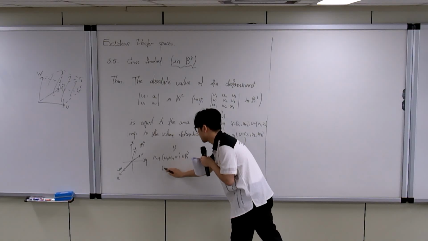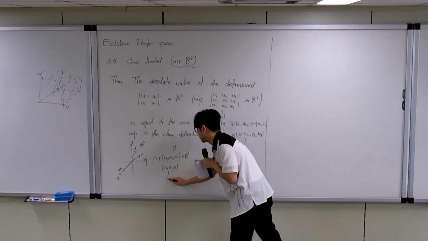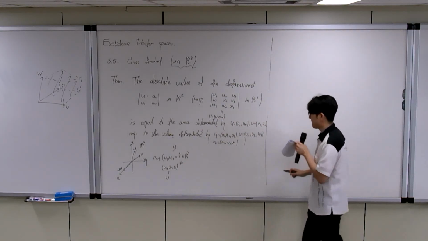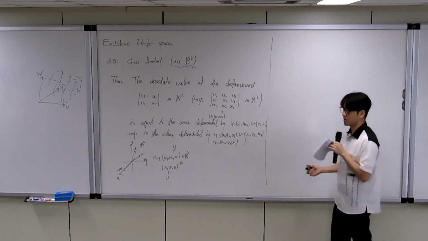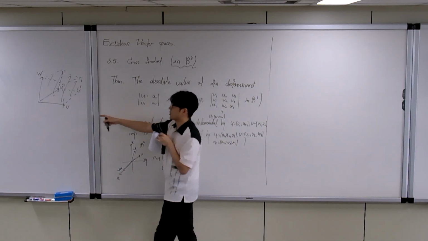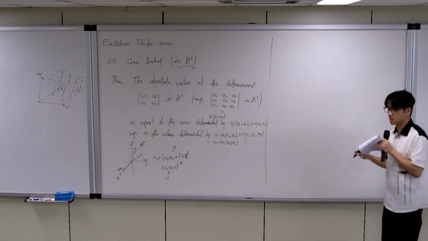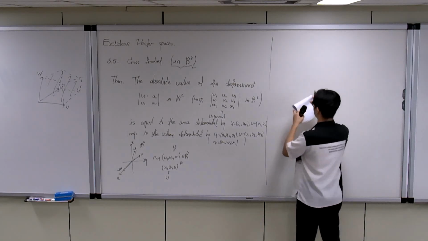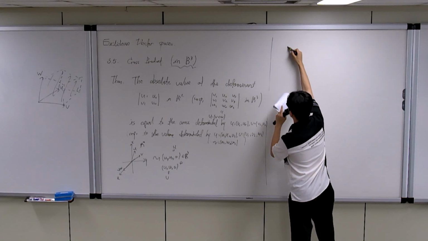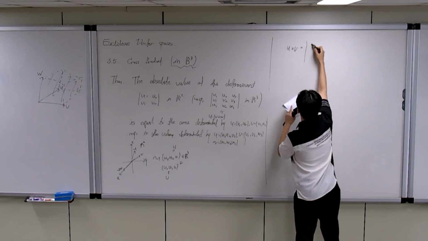In the same sense, the v vector will be written as v1, v2, 0. And then we can calculate the area by using cross products, by calculating the components.